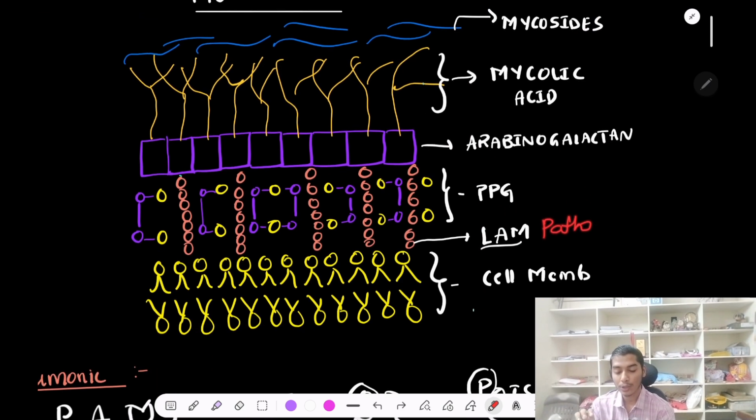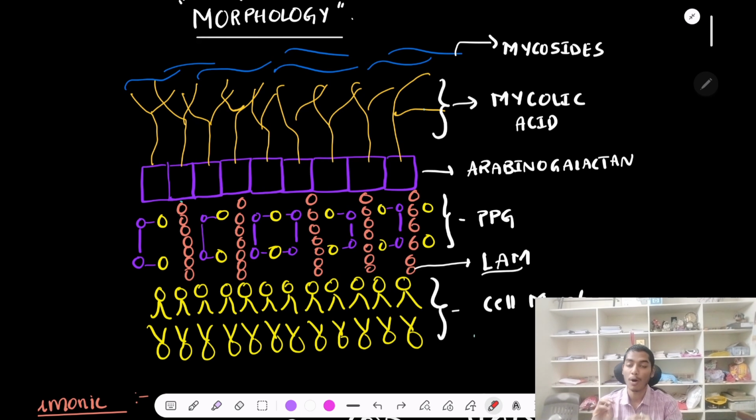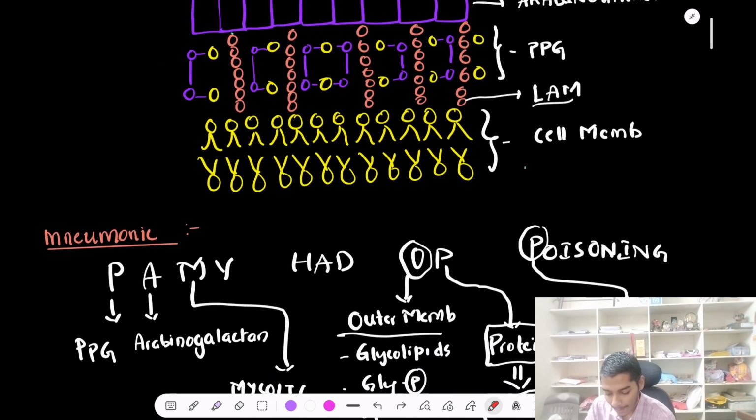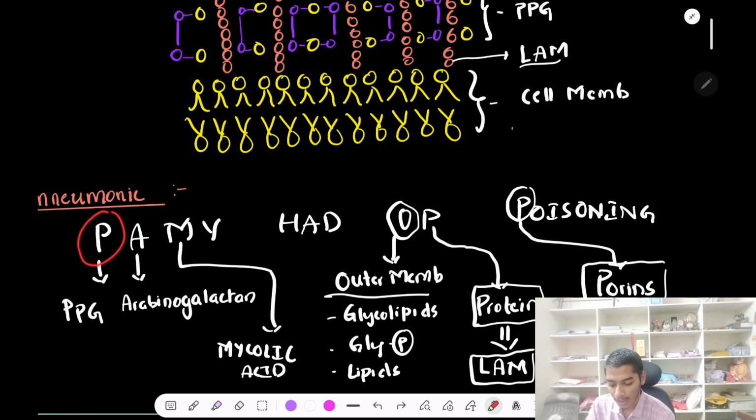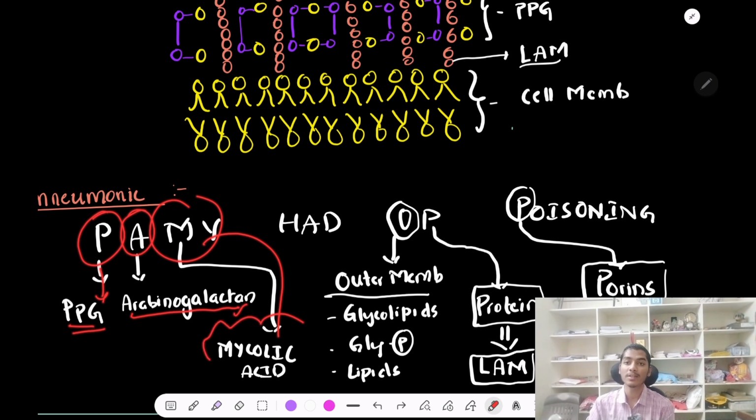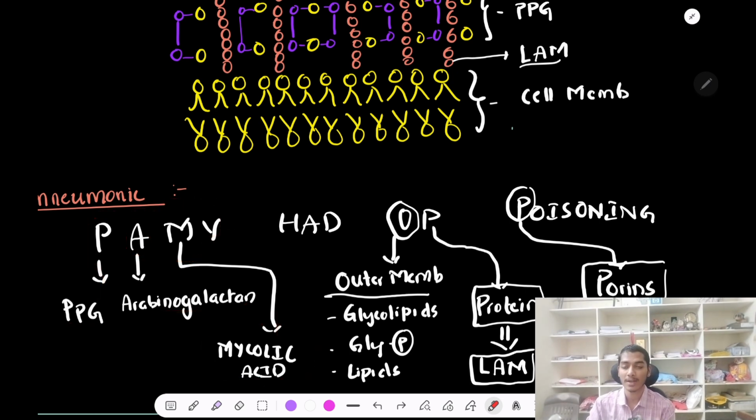In order to remember the layers of the cell wall, we have a mnemonic: PAMI had OP poisoning. Here P stands for peptidoglycan, A stands for arabinogalactan, M stands for mycolic acid, which is responsible for the acid fastness of Mycobacterium tuberculosis, and O stands for outer membrane.